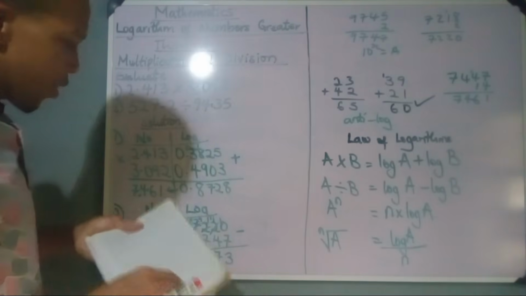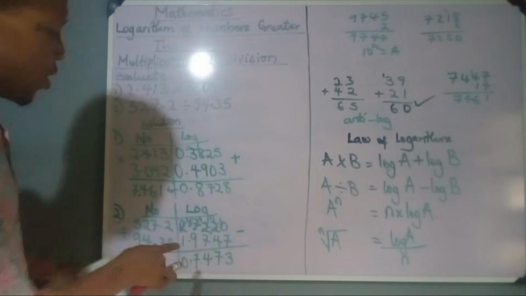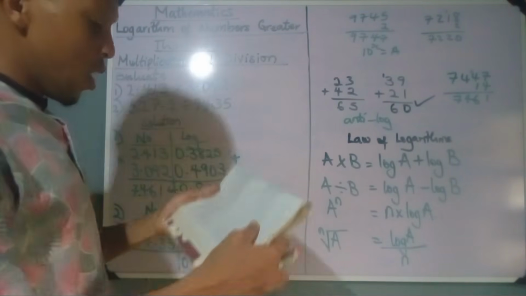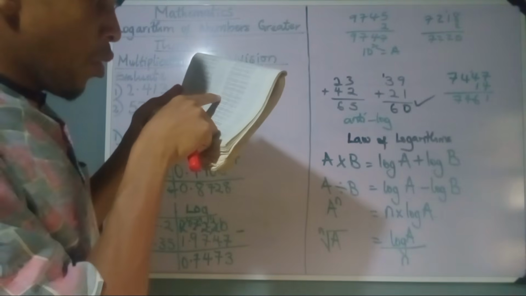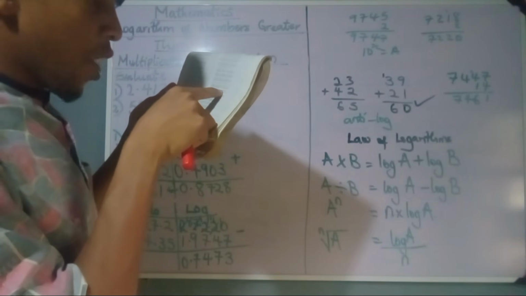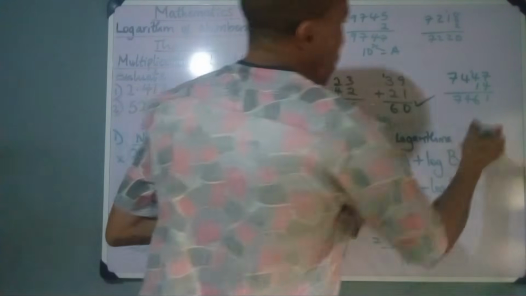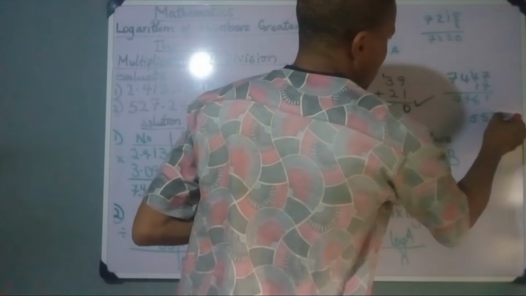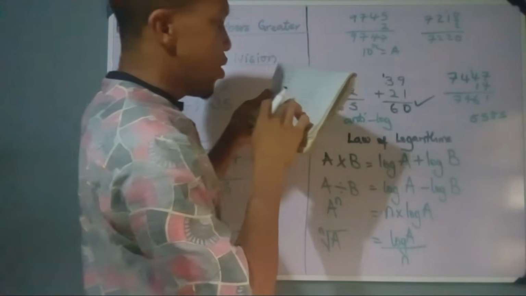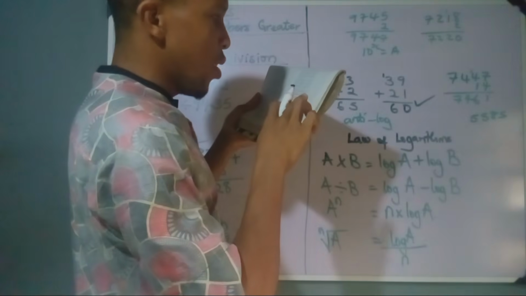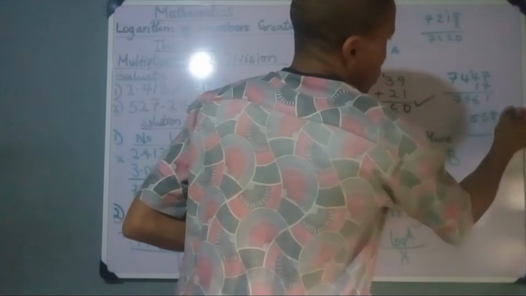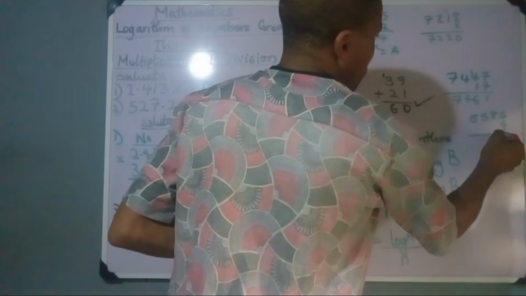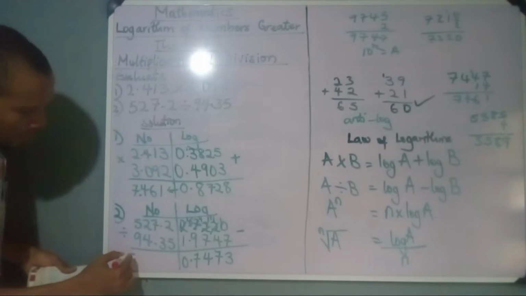So I'm going to check in the anti-logarithm table 74 under 7, difference 3. That's 5585. Now difference 3 is 4. If I add it, that will be 5589.